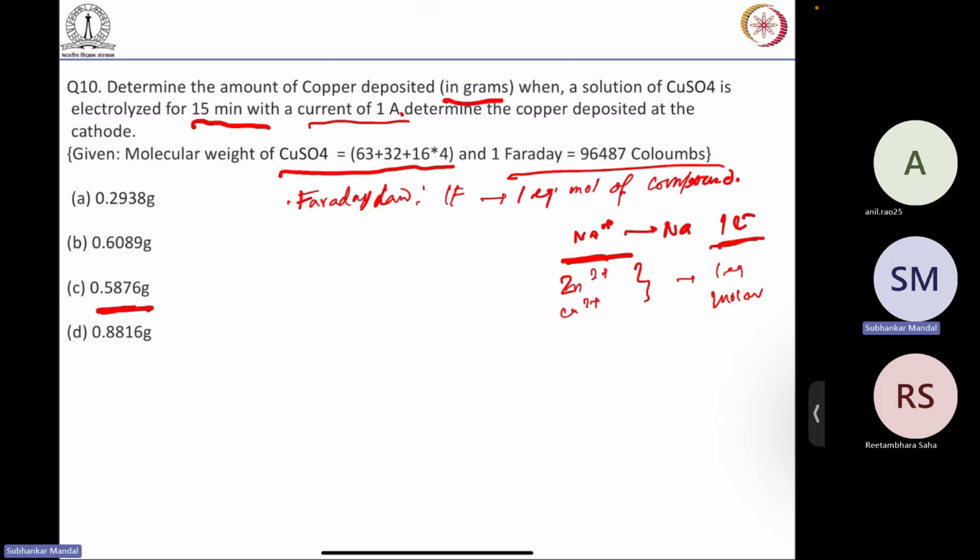We already know this from the acid base chapter, where in the case of HCl it is a mono unit, H plus and Cl minus.